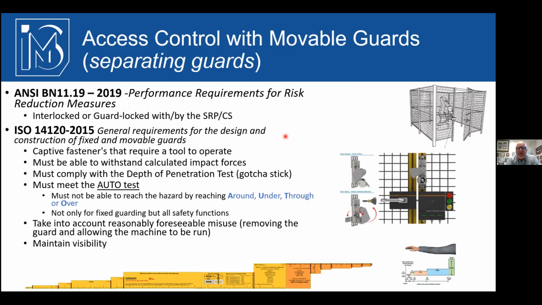But also, when I'm using a movable guard, I'm going through that guard somewhere. It's a breach of the perimeter guard. I'm going to go through it, and I still need to follow the same rules in terms of can I reach the hazard. So you'll see these things called gotcha sticks that follow some of the physiology of basic human hands and arms and lengths.